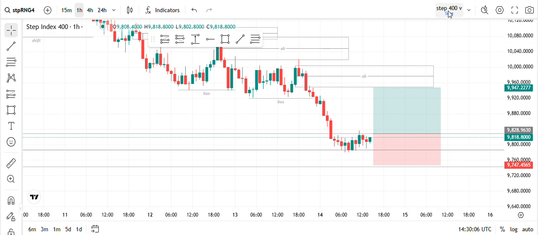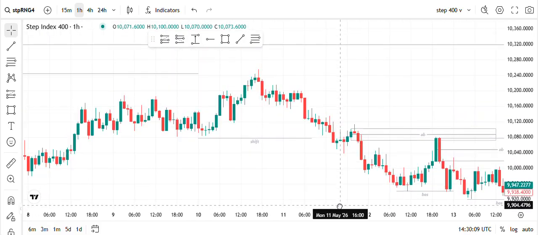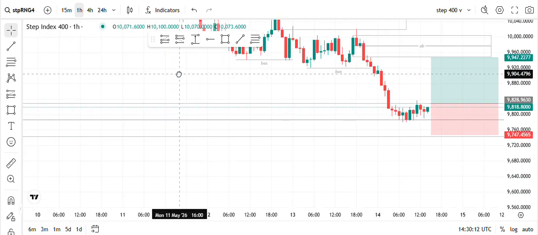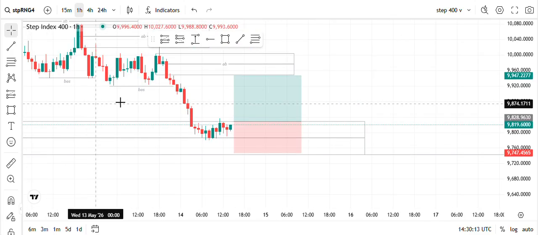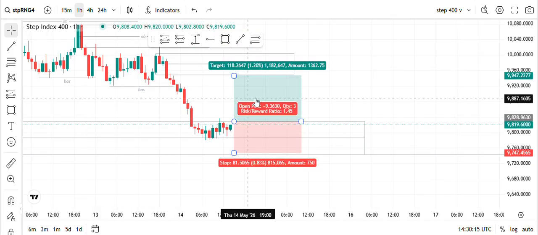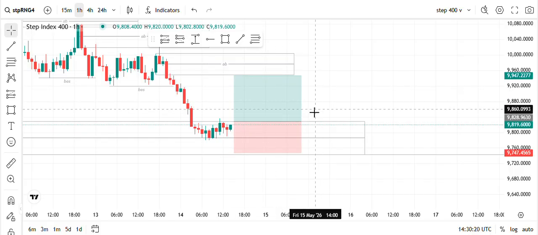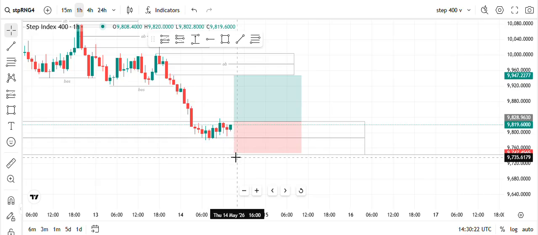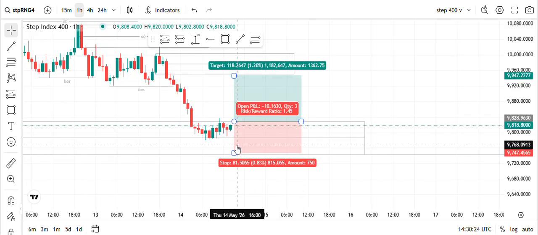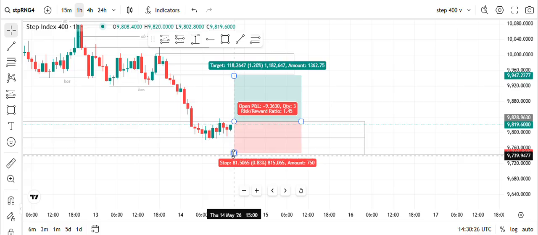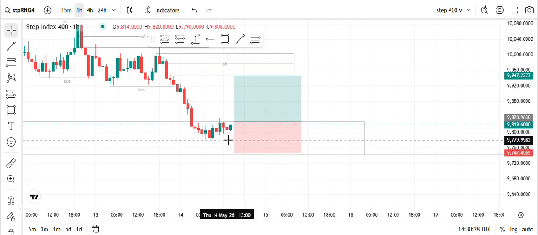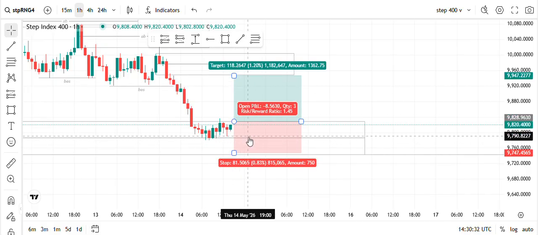So this will be all for today. Tomorrow we'll come again with another chart to analyze, and then by tomorrow we'll know what this gave us as an outcome. And as you can see, my SL is very, very low. It's because I'm trying to put a buffer. I could have just put my SL around here, but then there's a possibility that it's going to just come and hit it off, then maybe go back up.